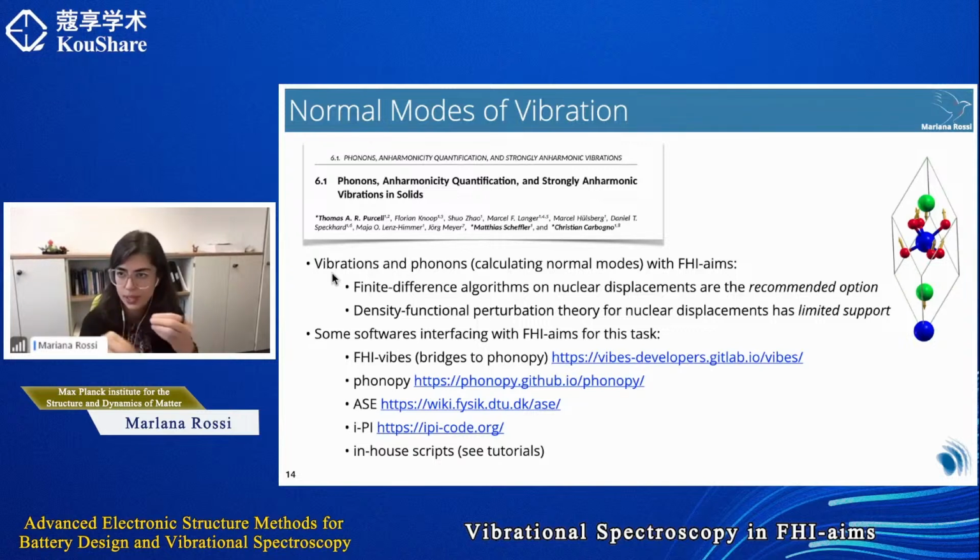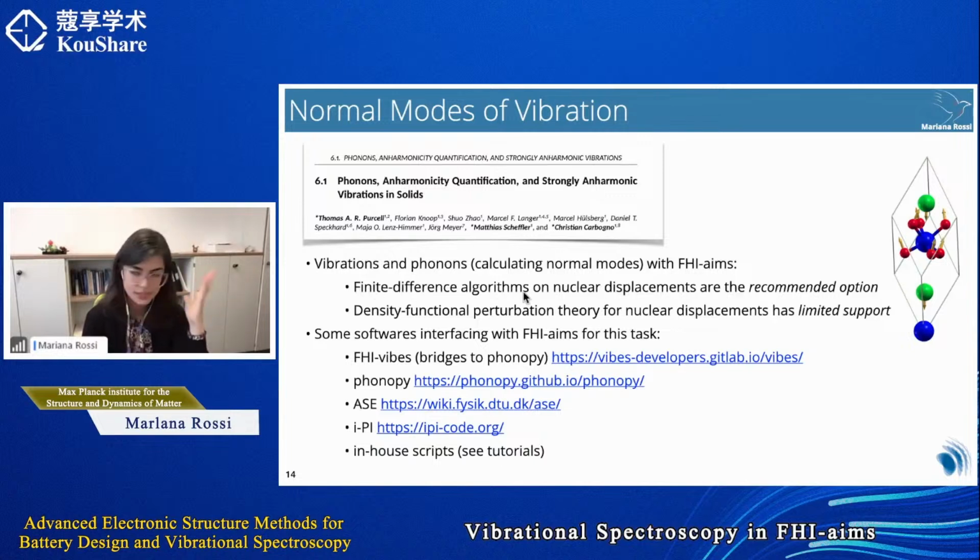I will come back to that in a later slide in my talk. Finite differences actually are not that much more costly for system sizes that are typically the ones that you need, and it will be accurate for any functional that you use. So you always get the good answer, right? So that's what we recommend.